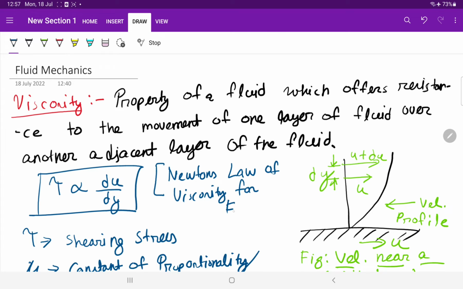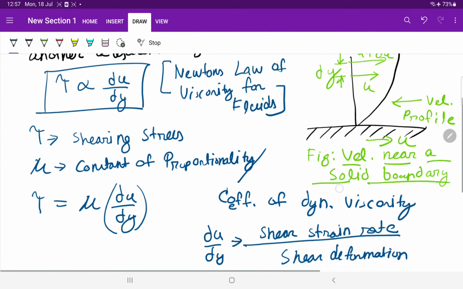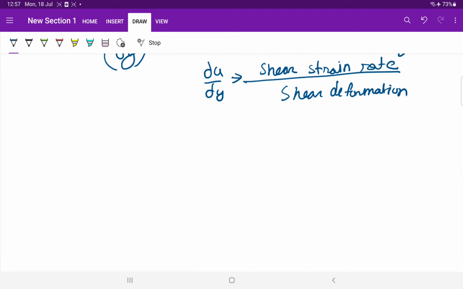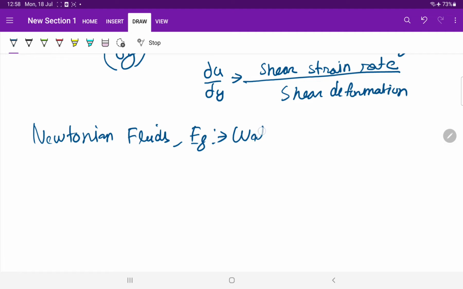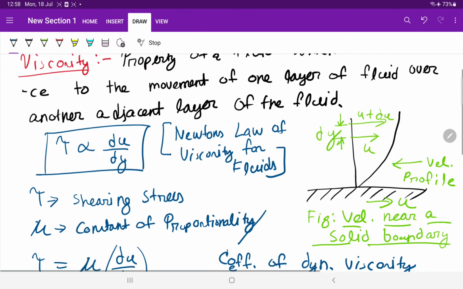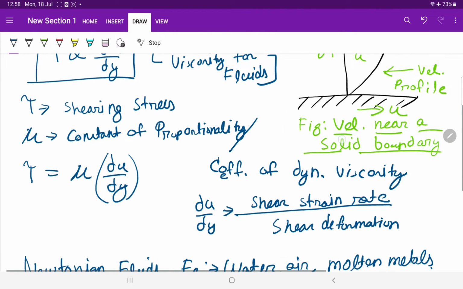The fluids which follow this rule are called Newtonian fluids. Major fluids like water, air, molten metals are Newtonian fluids. So the majority of these are Newtonian fluids which obey Newton's law of viscosity for fluids.